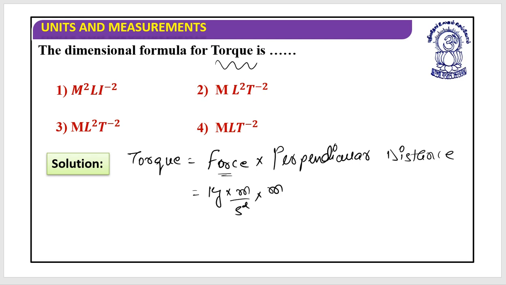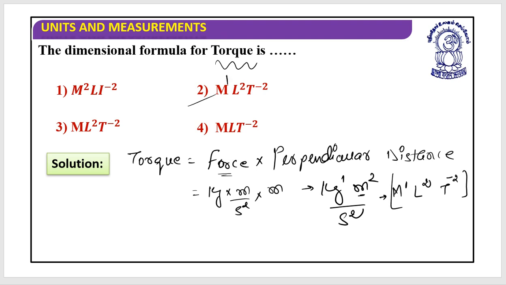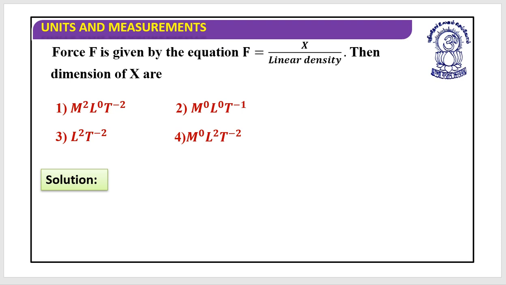Perpendicular distance, its unit would be meter. So if I write like this, it's kg meter square per second square. What would be its dimensional formula? Look at this, kg having a power of 1, so it is M1. Meter square, it is L2. Second square, this is T minus 2, so that should be M1 L2 T minus 2. This is the correct option. Yes. Okay, let's look at the next.